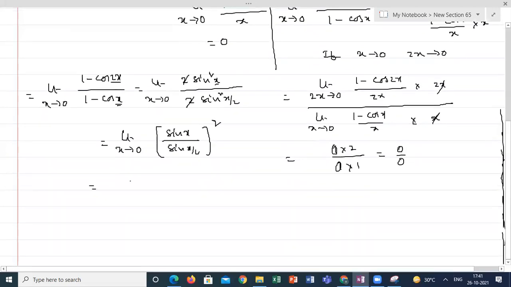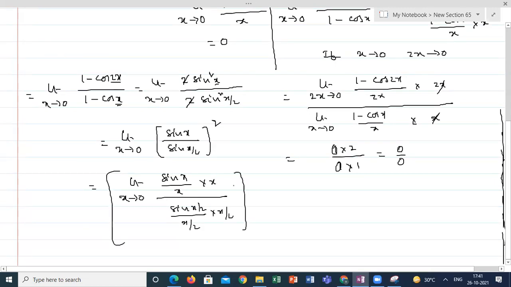So here I can take the limit inside. Limit x tends to 0, sine x by x into x divided by sine x by 2 divided by x by 2 into x by 2 whole square. And x cancels. This will be 2.